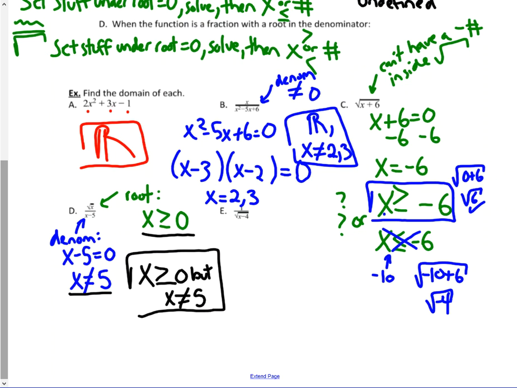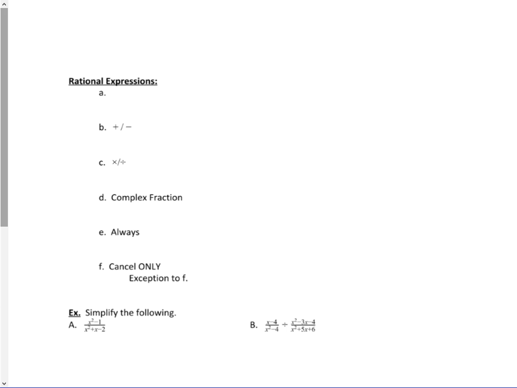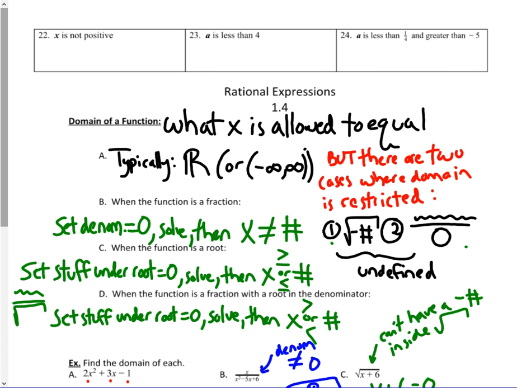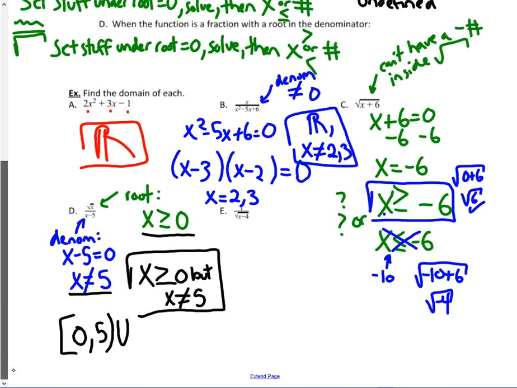If you're feeling confident from last night's homework and want to write that in interval notation, that's going to be from 0 to 5, excluding 5, union. Okay, this is a lot. Don't focus on this if this should be at your edge of learning.